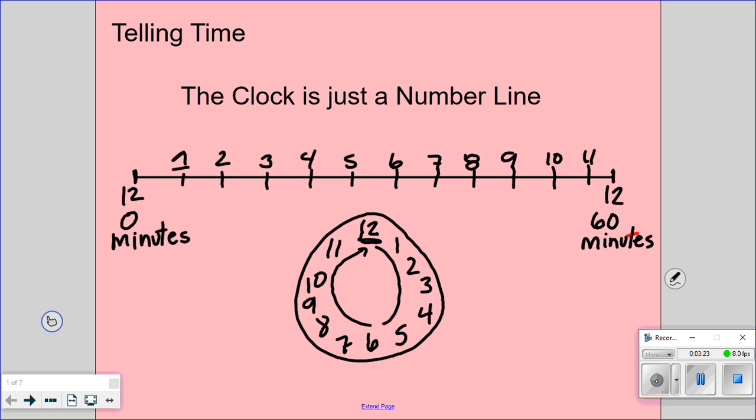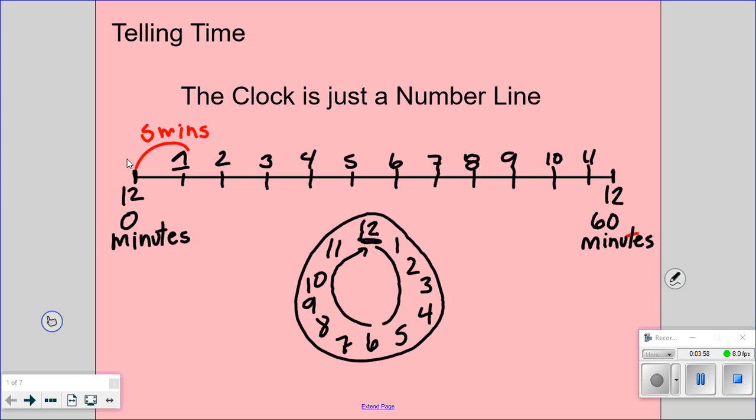If we look closely at our clock, you can see there are smaller lines in between those large numbers. Take a look at the clock on the wall. Those small lines represent minutes. In between each large number, so in between the 12 and the 1, is a time of 5 minutes.